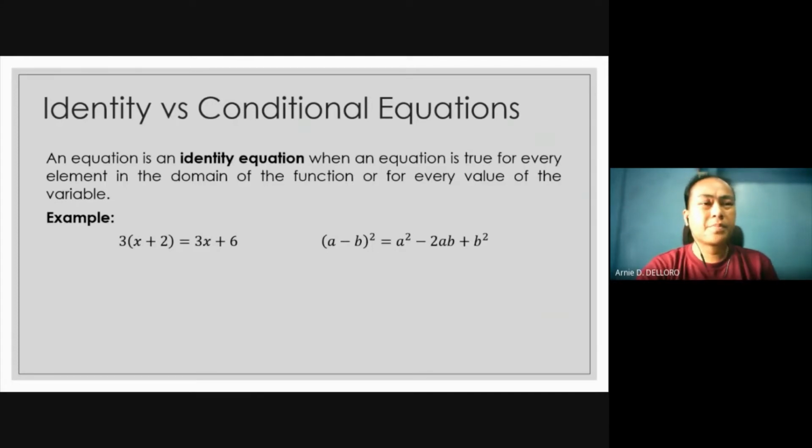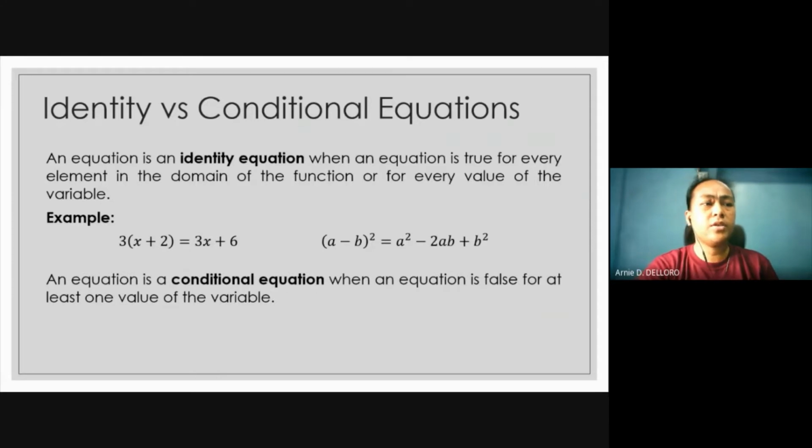Okay? Now, let's proceed with conditional equations. So, an equation is conditional when it is false for at least one value of the variable. Or in other words, when we say conditional equation, only specific values in the domain will satisfy the given equation.